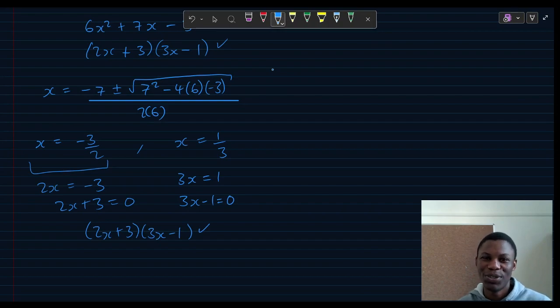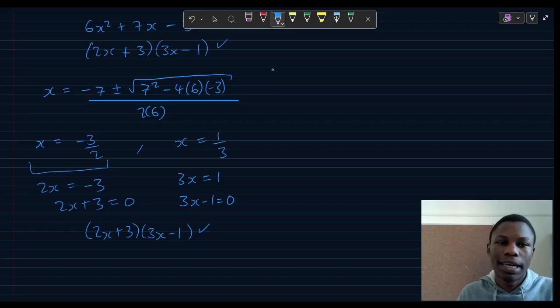So this is for those who never want to factorize in their life. I wouldn't advise doing this, but if you're caught in a tricky situation, you don't know how to factorize, and you desperately need to factorize, you can still just use the quadratic formula and then reverse it to get what the factorization would look like.